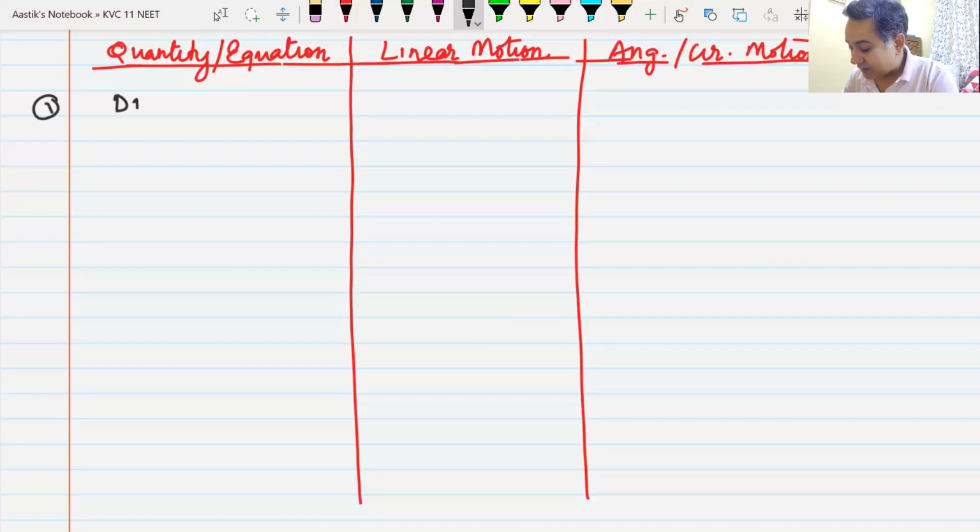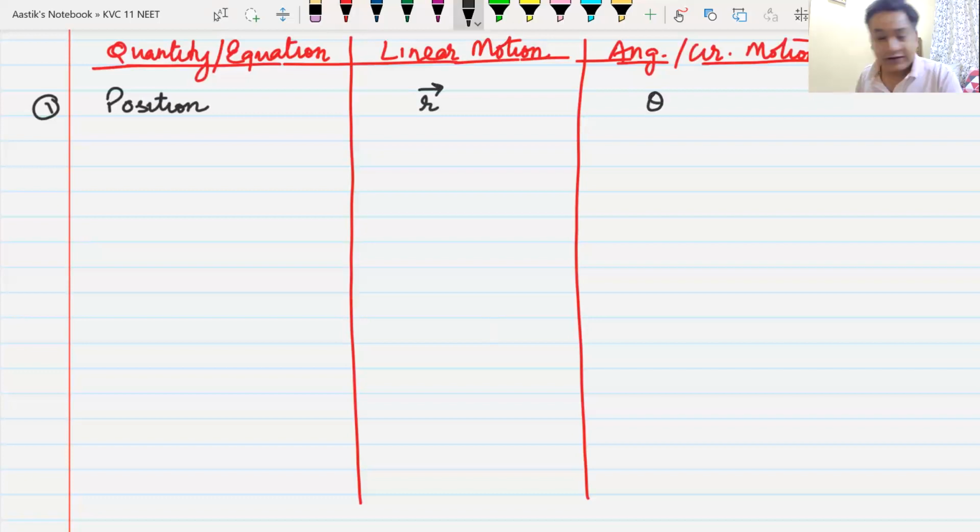Number one quantity was displacement. In linear motion, it is known as displacement vector, r vector. In circular motion, it is known as, oh sorry, let me not start with displacement. Let me start with position. So the first quantity is position. In linear motion, we called it r vector.